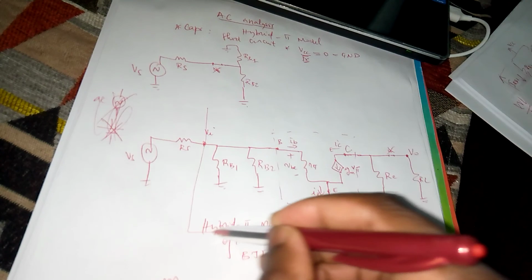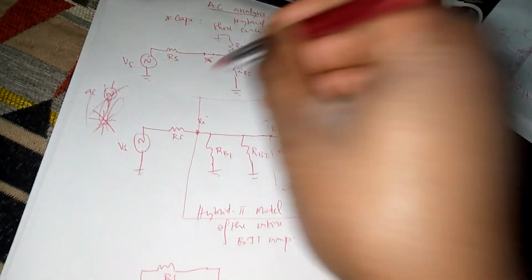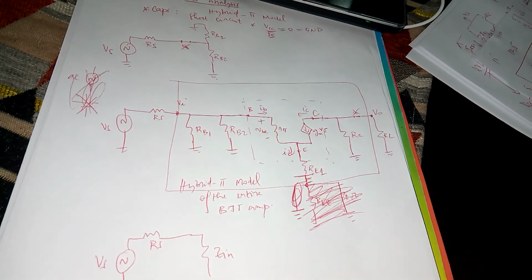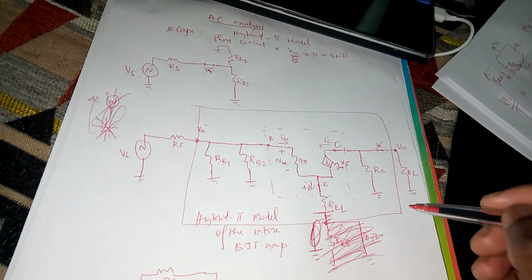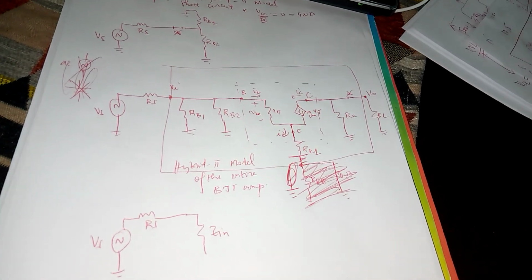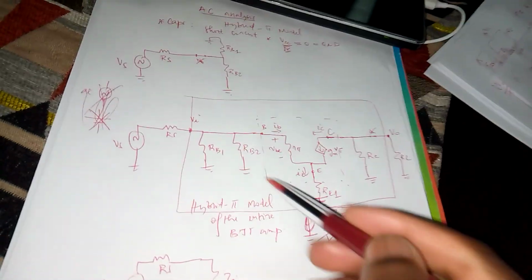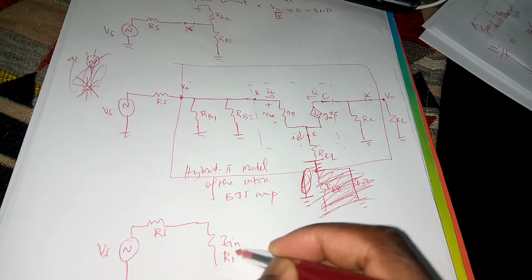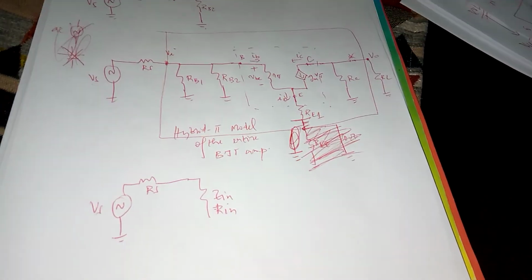So this comes in when we look at the whole amplifier as a box, and we've got the source applied to it through a source resistance, and we've got the load on the other side. So there must be some input resistance or impedance. Sometimes we call it Rin as well.